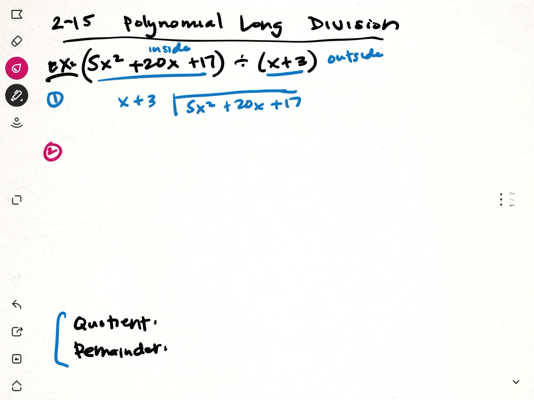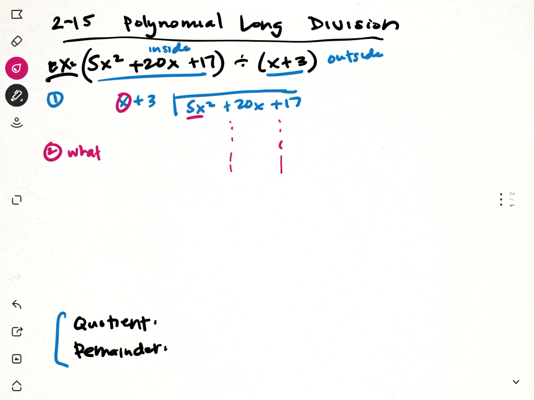Now if you guys have done long division before, each of these is a place value. So when I'm writing my answers, I'm going to write it in the correct place value. What we're doing is keying in on this x here, and we're looking at 5x squared.